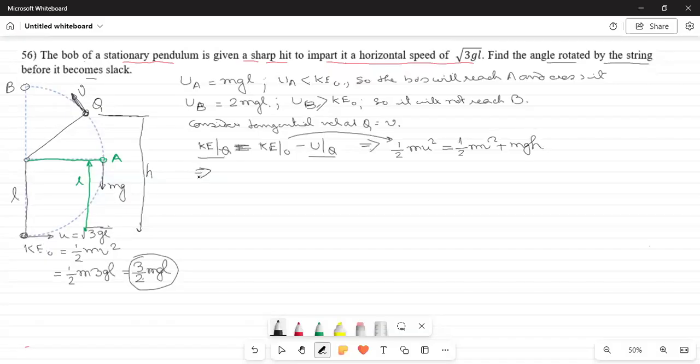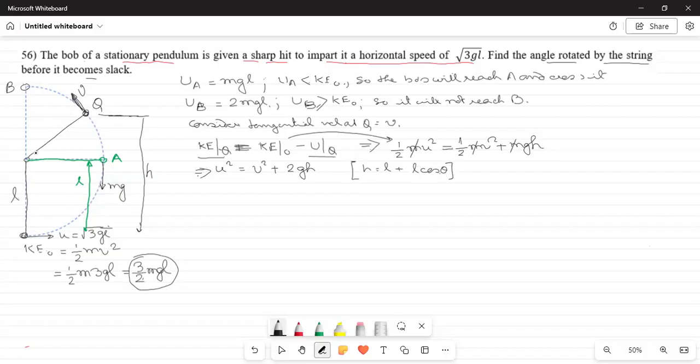From here, what do we get? All m gets cancelled. Also if we multiply by 2, then we get u square is equal to v square plus 2gh. What is h? h is equal to L plus L cos theta.